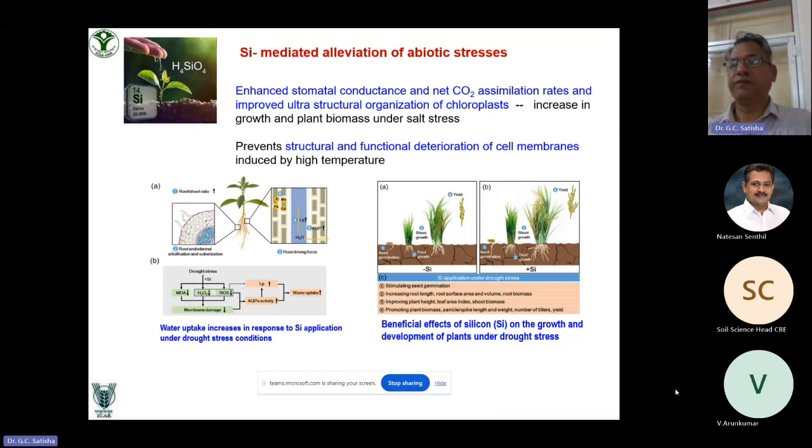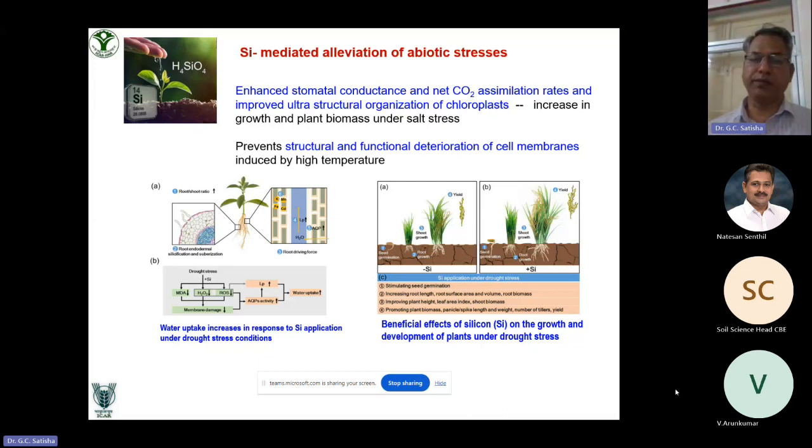This is probably because of structural induction, where water uptake is influenced by membrane restructuring. The role here is that water stress or any other abiotic stress is handled through membrane restructuring by silica.